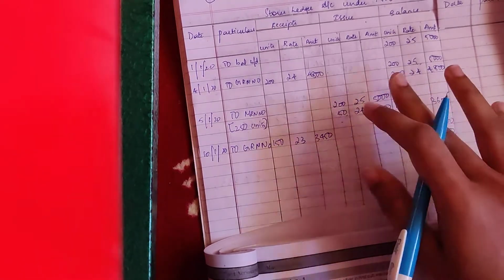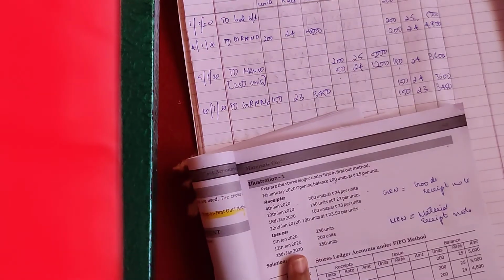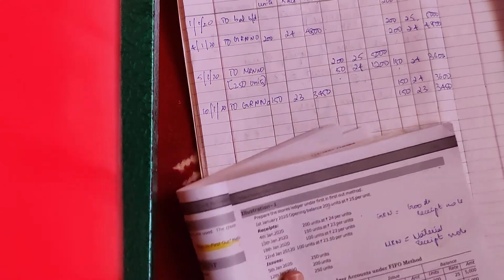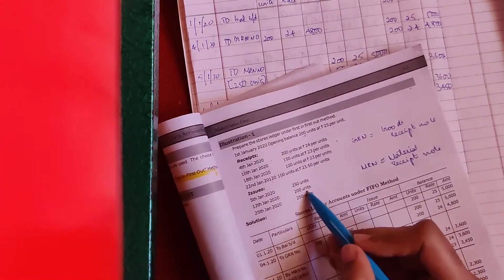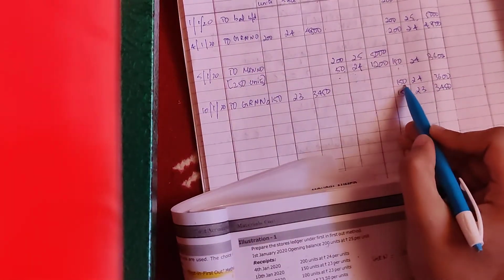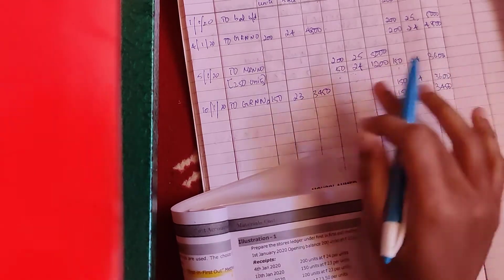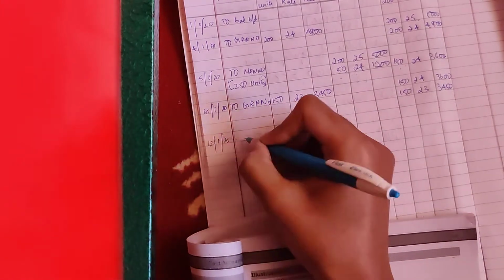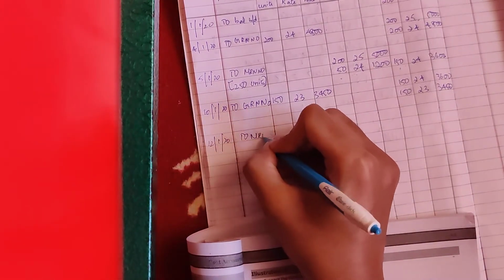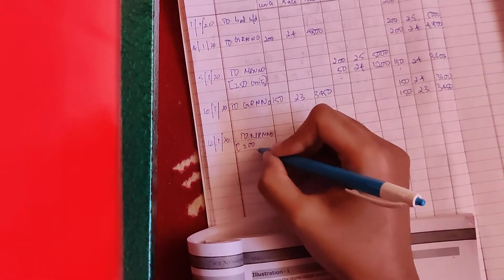Now look at the next closest date, that is 12th January. Again you are issuing. On 12th January you are issuing 200 units. You will issue the whole of the first balance, and you will be left with another 50 units, so after issuing you will have a balance of 100. On 12th January 2020, you are issuing to MRN number 200 units.